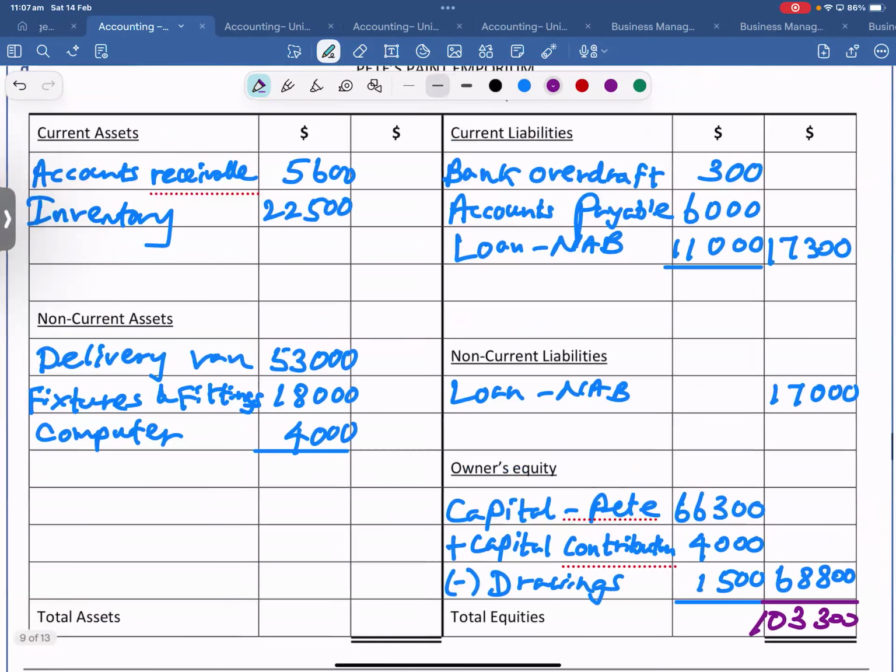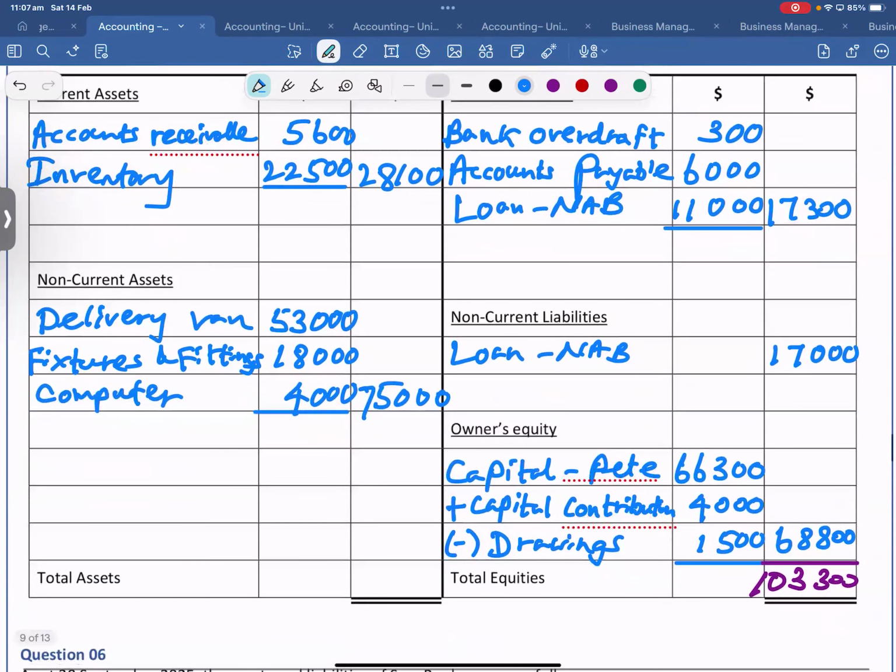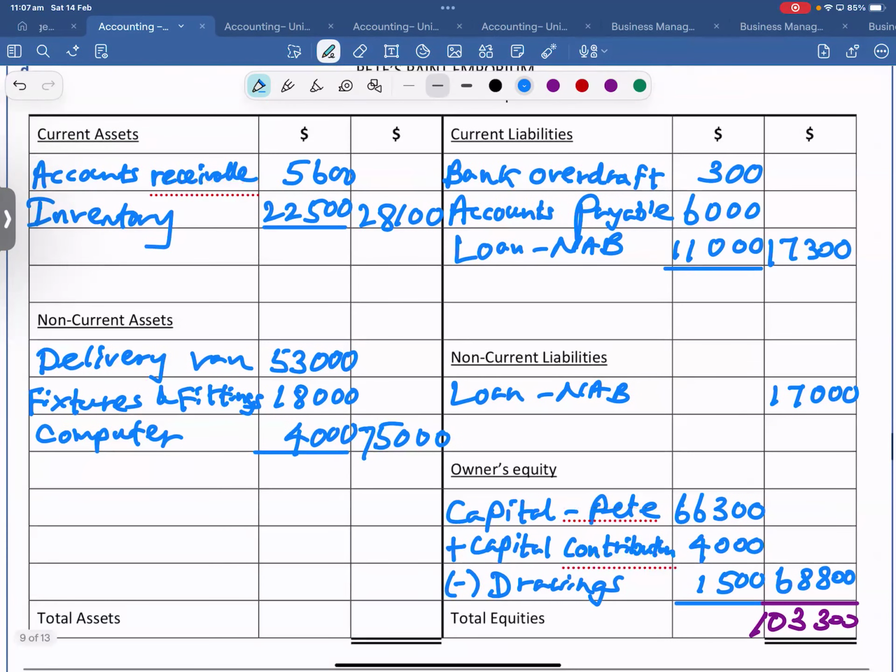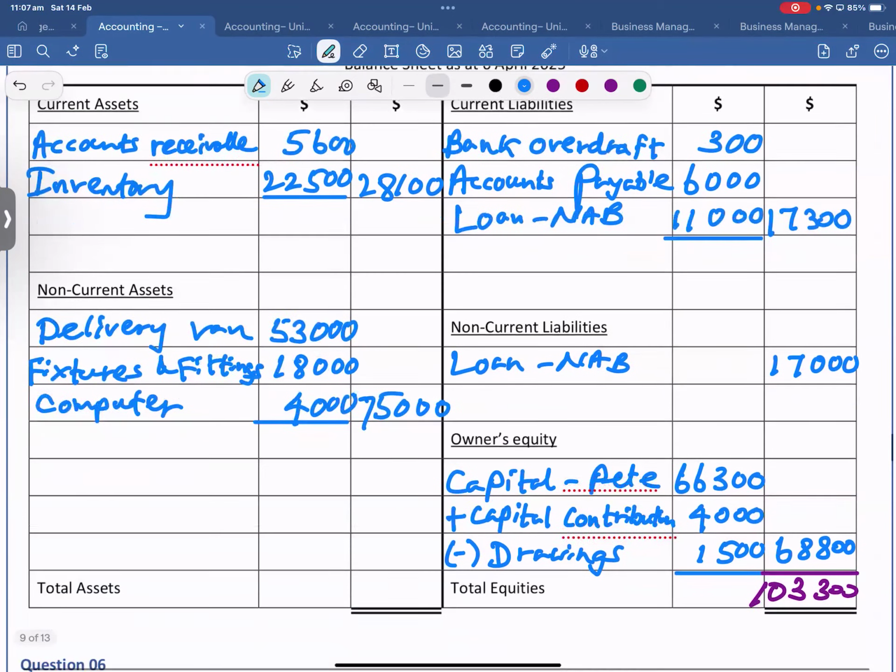And then for assets, current assets firstly I'm getting 28,100, and non-current assets I'm getting 75,000. I have made a mistake. 8 plus 3 is here, it is 1.